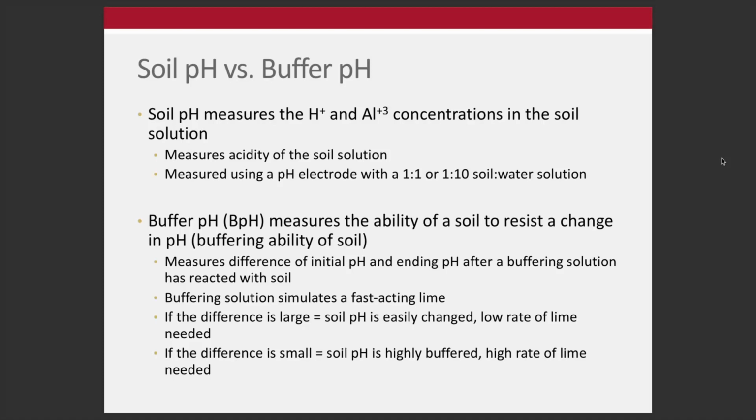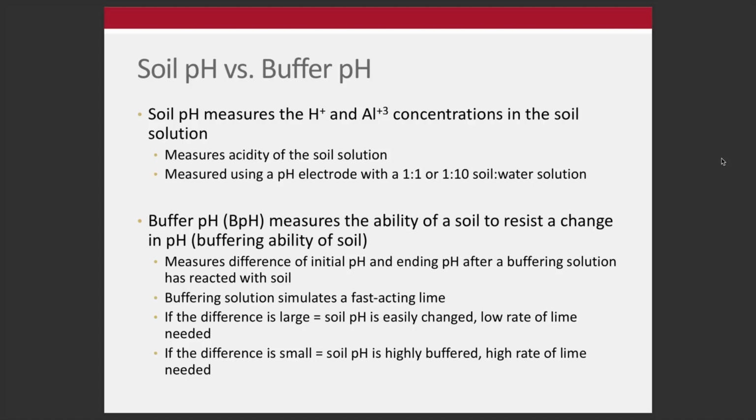In contrast, we have buffer pH, sometimes abbreviated as capital B pH. This measures the ability of soil to resist a change in pH, again that idea of the buffering capacity of that soil, hence the name buffer pH. We measure this empirically in the lab by taking the initial pH reading, like we just described, 1-to-1 soil to water, and then we add a small amount of buffering solution.